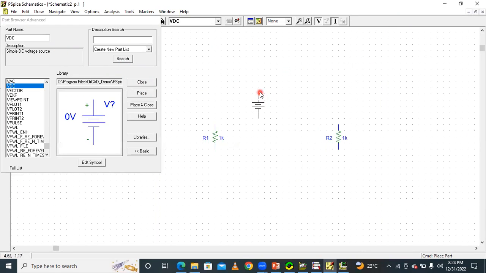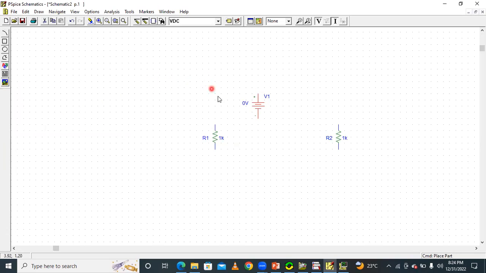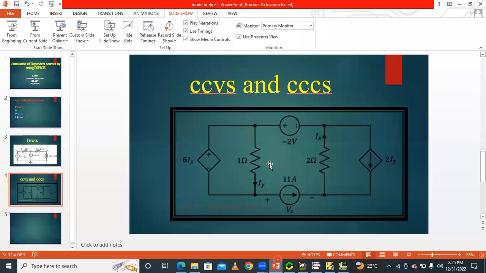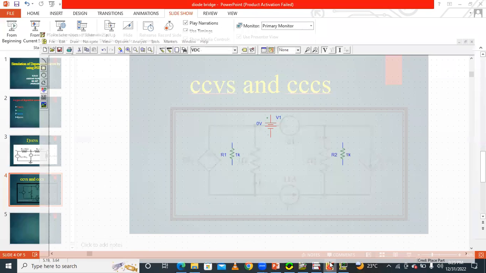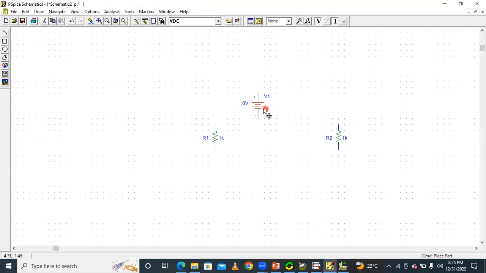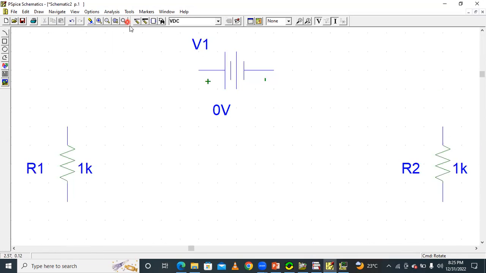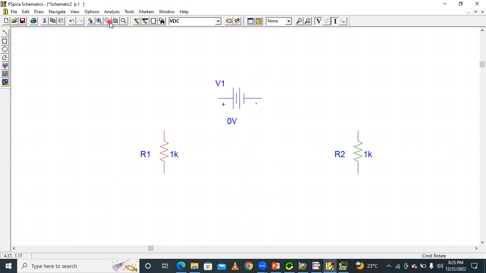Here the VDC has plus and minus. So connect like this. The left side is plus and the right side is minus. Plus controller here, plus and here minus.